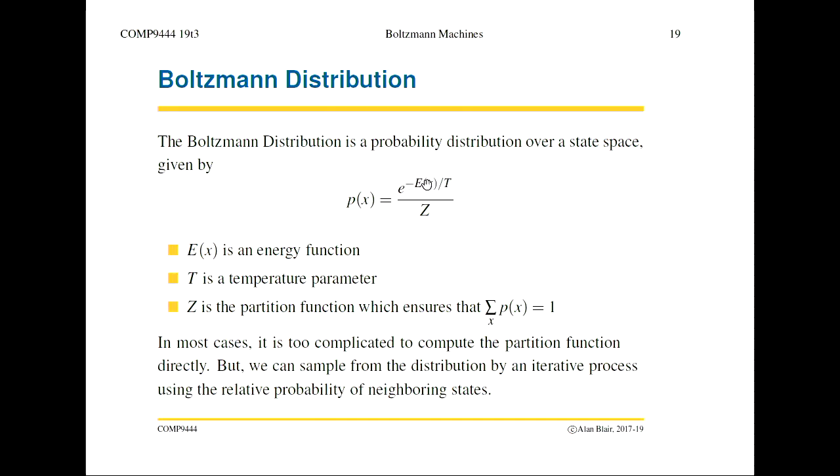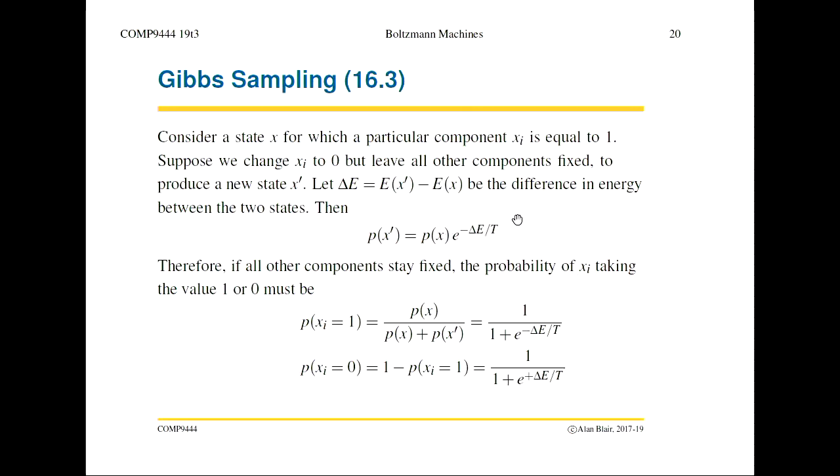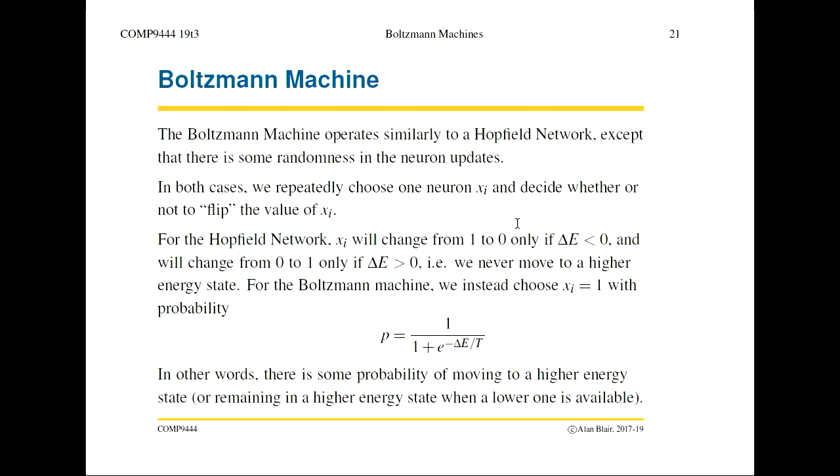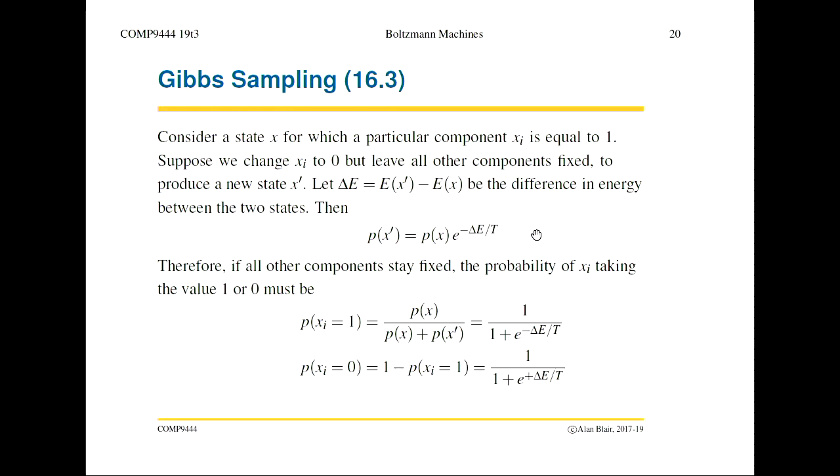So this term here will get increased by delta E, and that means that the probability will get multiplied by e to the minus delta E over the temperature. So the new probability will be the old probability multiplied by this factor.